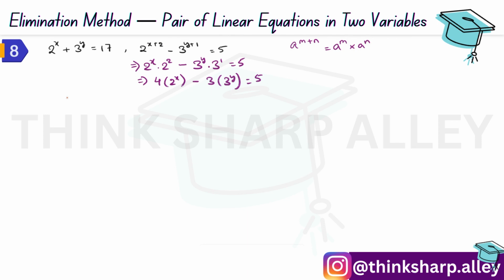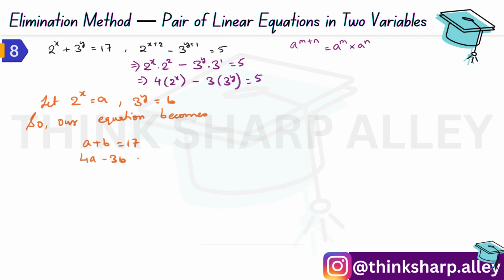Now at this point, it will be helpful if I let 2 to the power x equals to a and 3 to the power y equals to b. So our equation becomes a plus b equal to 17 and 4a minus 3b equals to 5. Let's mark the first one equation 1 and this one equation 2.